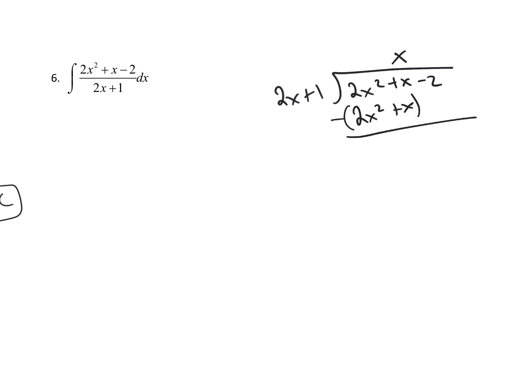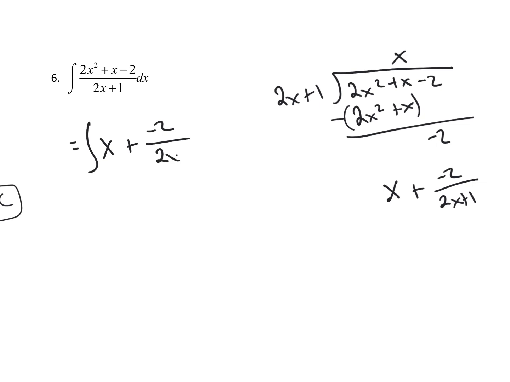So those cancel out, just the minus 2. Then when I try to do 2x into negative 2, doesn't work. So now I'm at my remainder. So this is really x plus negative 2 over 2x plus 1. Integral of x plus negative 2 over 2x plus 1 dx.